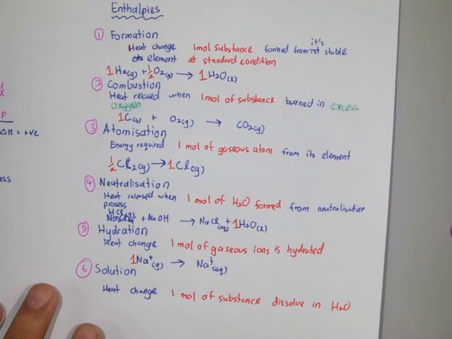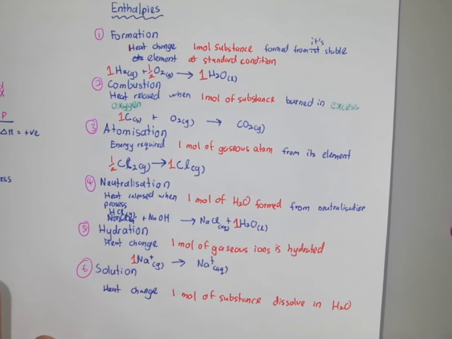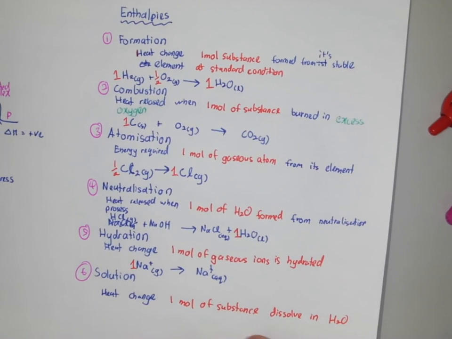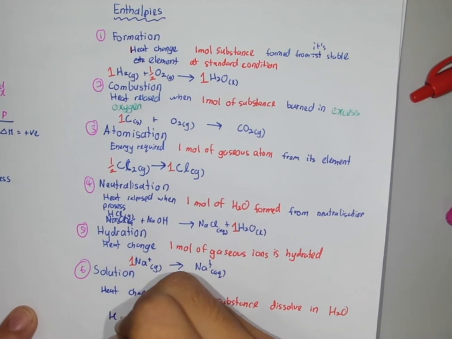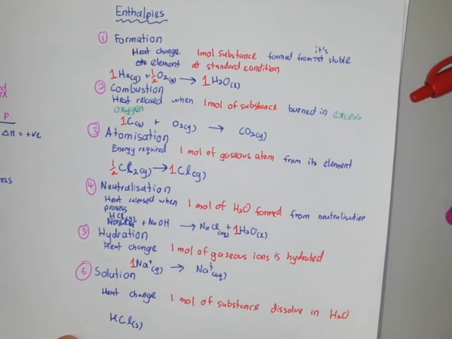So why is it very important for me to emphasize all of these enthalpies? Because the questions will ask for the definition. Which one is the correct definition for the enthalpies? For example, what is the meaning of the enthalpy of solution? You guys have learned in semester 1 about solubility constant and all that, those kinds of equations involved in solutions. For example, KCl in its solid form.